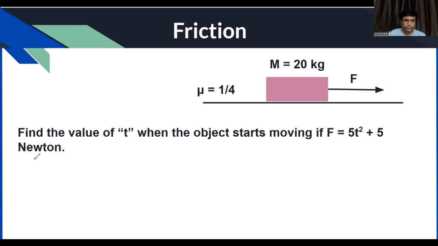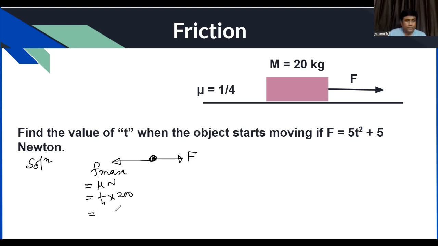Let us see. Again, the object will move only when f is equal to or greater than f max. So here f max is mu into n. Mu is 1 upon 4 and n is 200.